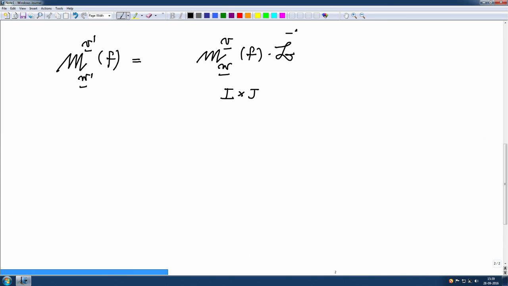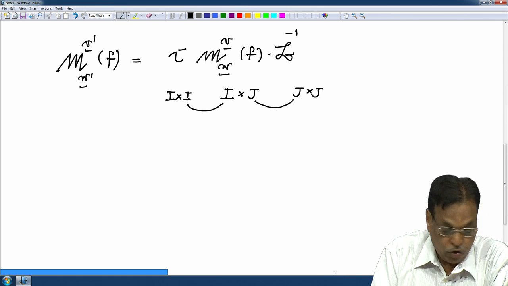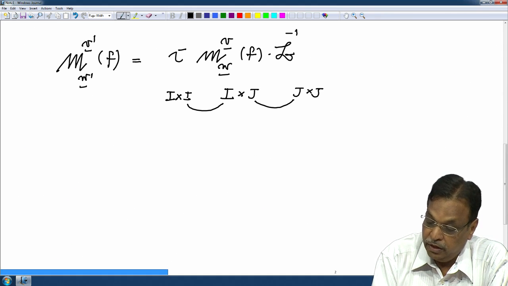Remember C is an I cross I matrix and B is a J cross J matrix, so the inverse is also J cross J, and this makes sense because columns match rows. This is what we have checked, the equality. The equality was very easy to check because I just put C equal to identity.